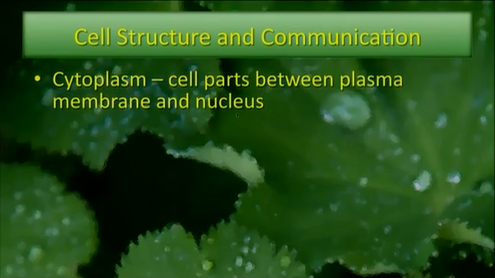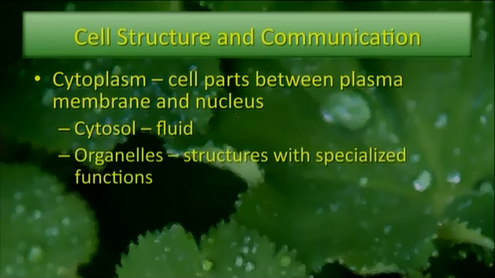Now the cytoplasm is the cell parts between the plasma membrane and the nucleus. Generally, the nucleus is not considered part of the cytoplasm. It's considered separately. The cytoplasm is made of cytosol, which is a soup-like fluid inside of the cell, and suspended in it are organelles.